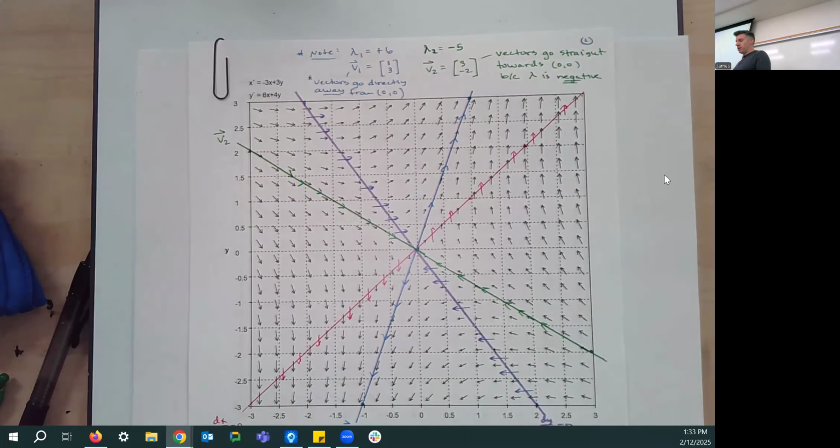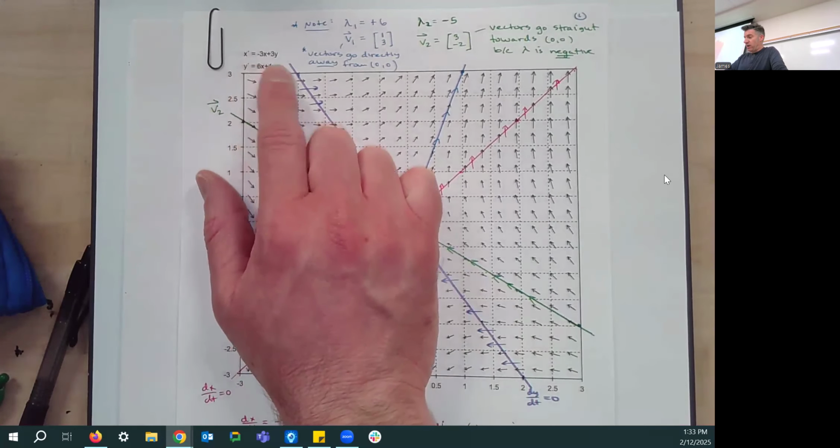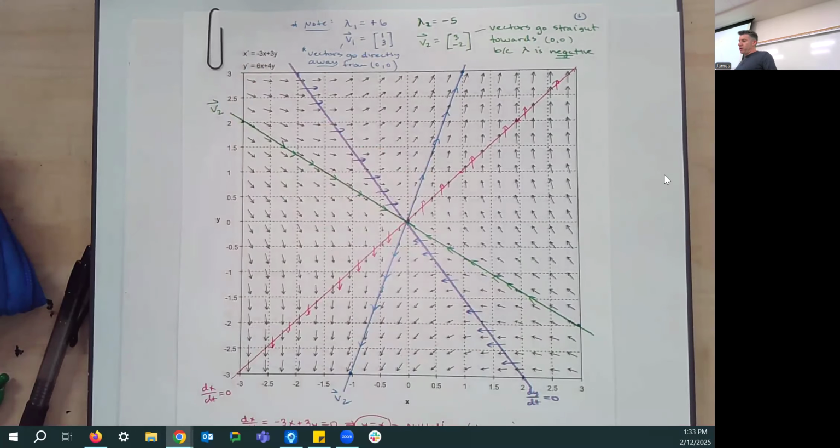So here is the phase plane already drawn out for this system of differential equations: dx/dt equals negative 3x plus 3y, dy/dt equals 6x plus 4y. Really, the idea here isn't that we want to find all the things, it's that we want to look at the graph and be able to identify things.